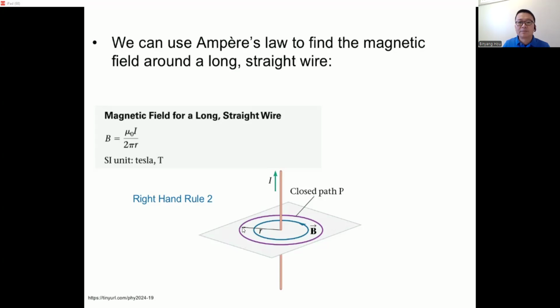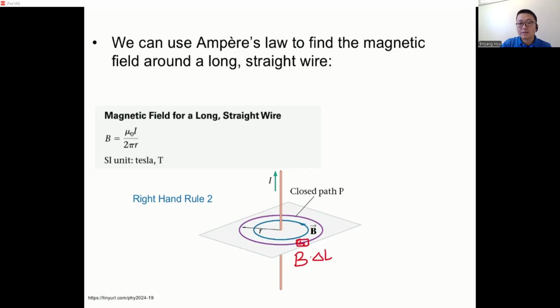If we draw a closed circular path at equal distance from the current, we take a small portion of it, with the B field in this direction, times a small delta L.